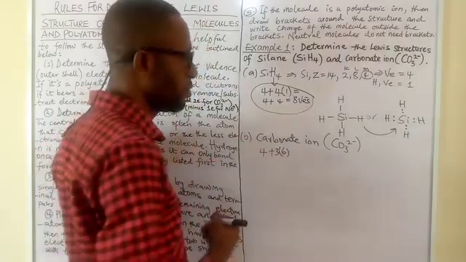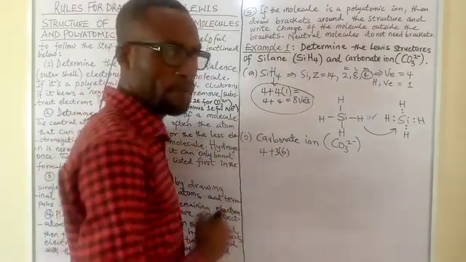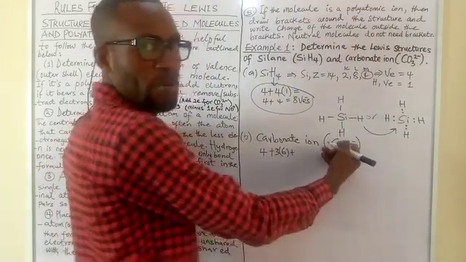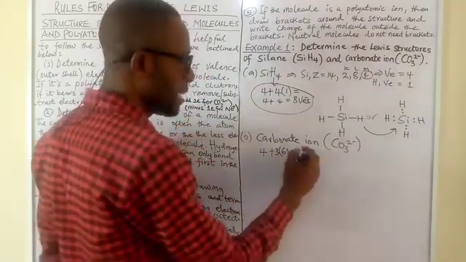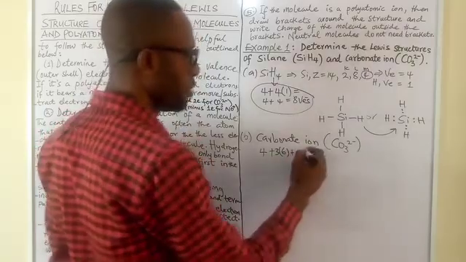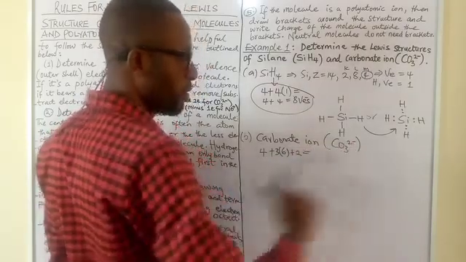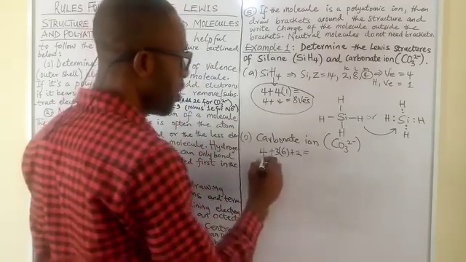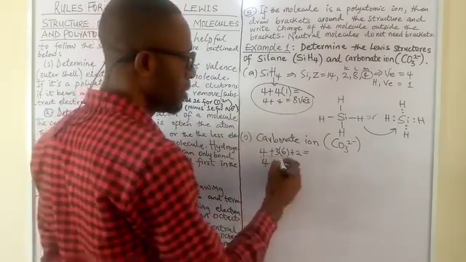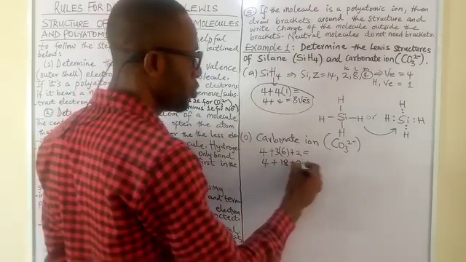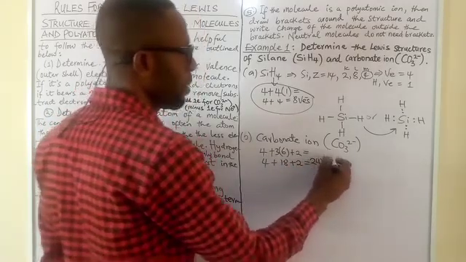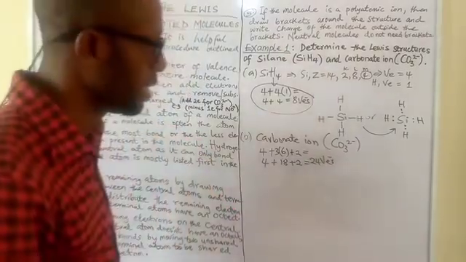The atomicity of oxygen is 3. But because it has 2 minus, it means it gained 2 extra electrons, so we're adding 2 because it's a polyatomic ion. If it is plus, we remove 2. So when you do that, you have 4 plus 3 times 6, which is 18, plus 2, equal to 24 valence electrons. So we are working with 24 valence electrons.